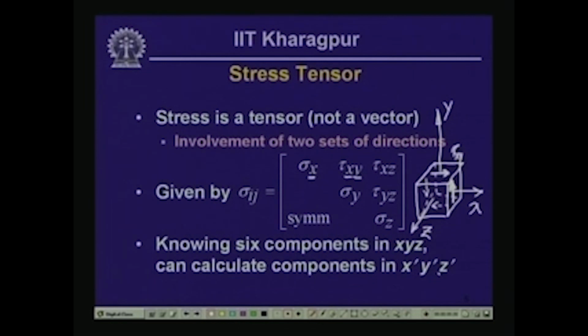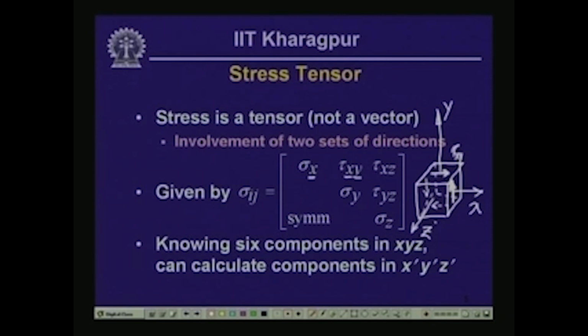Now, you should also notice that all the 4 shear stresses in this case are going to be called tau x y, in spite of the fact that the shear stress acting on the bottom horizontal plane, which is acting leftward, is also going to be called tau x y.